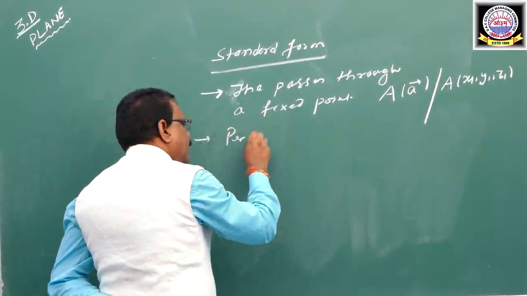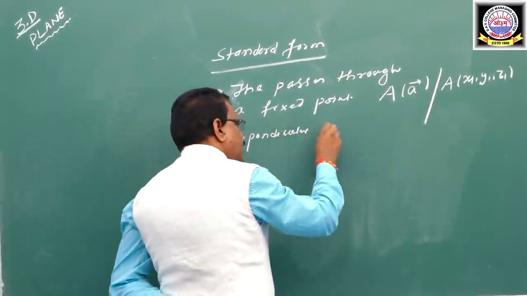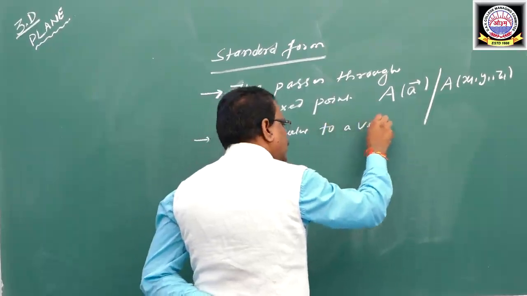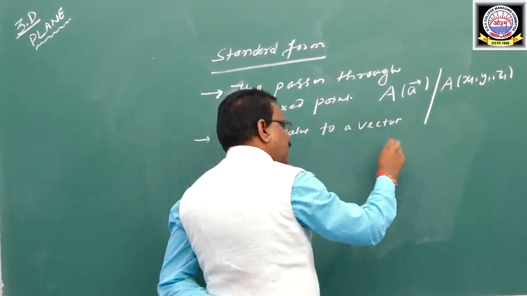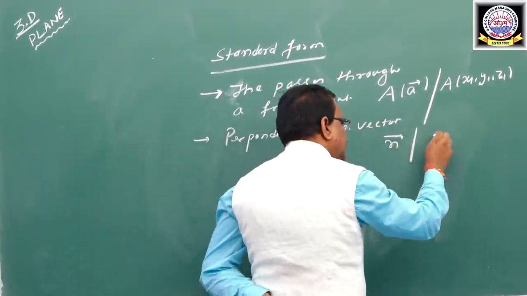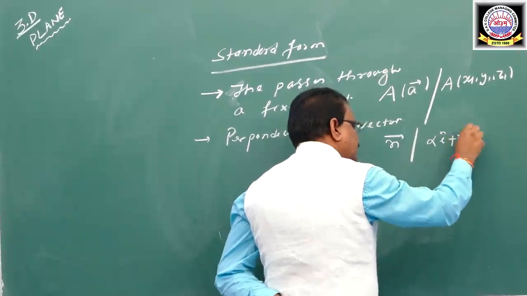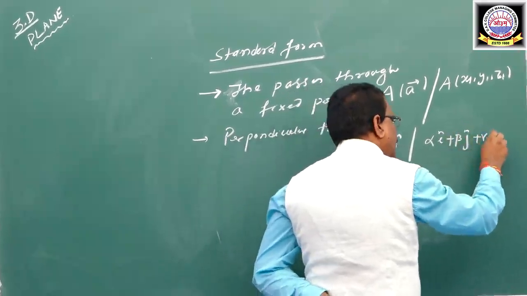The second requirement is that it is perpendicular to a vector n vector, or I can say it is alpha i plus beta j plus gamma k.